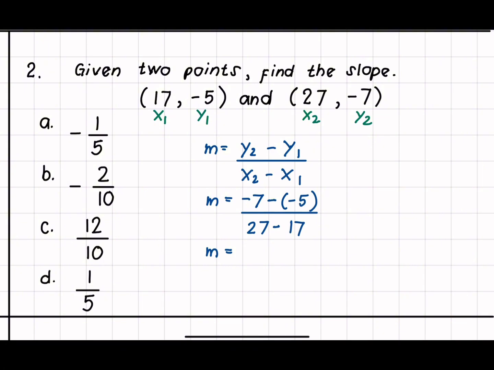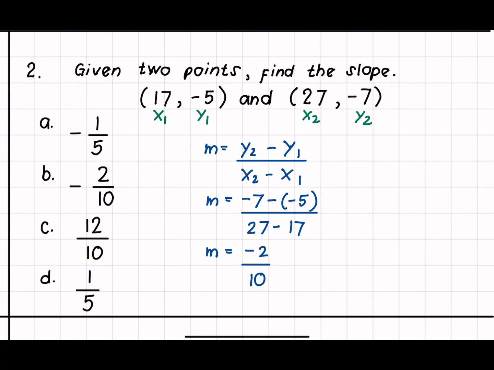So we have negative 7 minus negative 5. It will become negative 2 over 27 minus 17 is 10. But this is not our final answer because we can still simplify this. As you can see, we have 2 and 10.